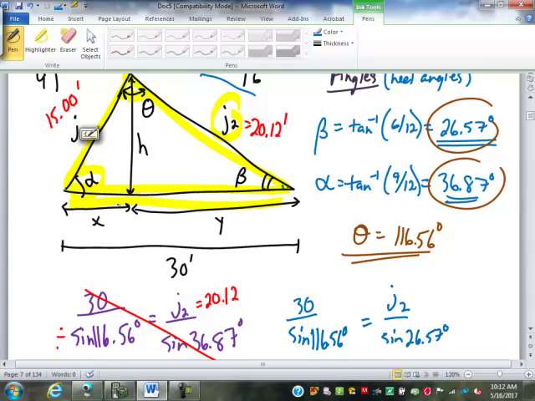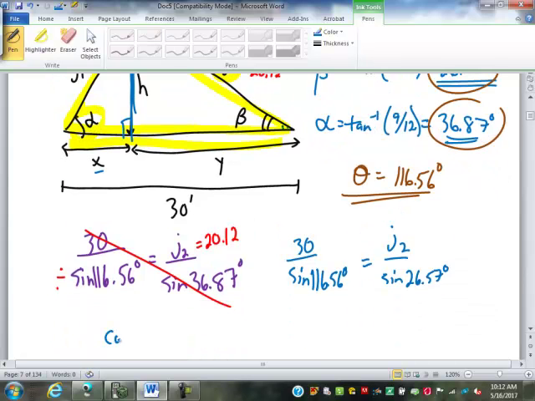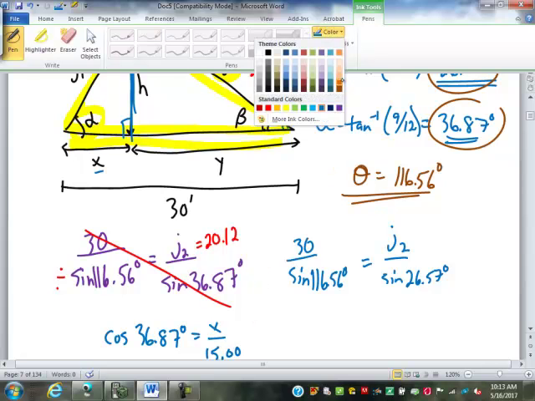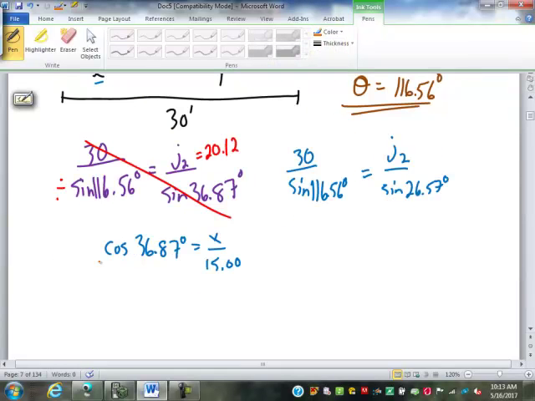How do I find x and y? Oh, it's really easy. It's nowhere near as difficult as it was before, where we had to do x plus y equals 30. And we just cut it right here, right? This is now a right triangle. This is the adjacent side. That's the hypotenuse. So cosine of alpha, which is 36.87 degrees, is equal to x over 15.00. So we'll make this over 1.